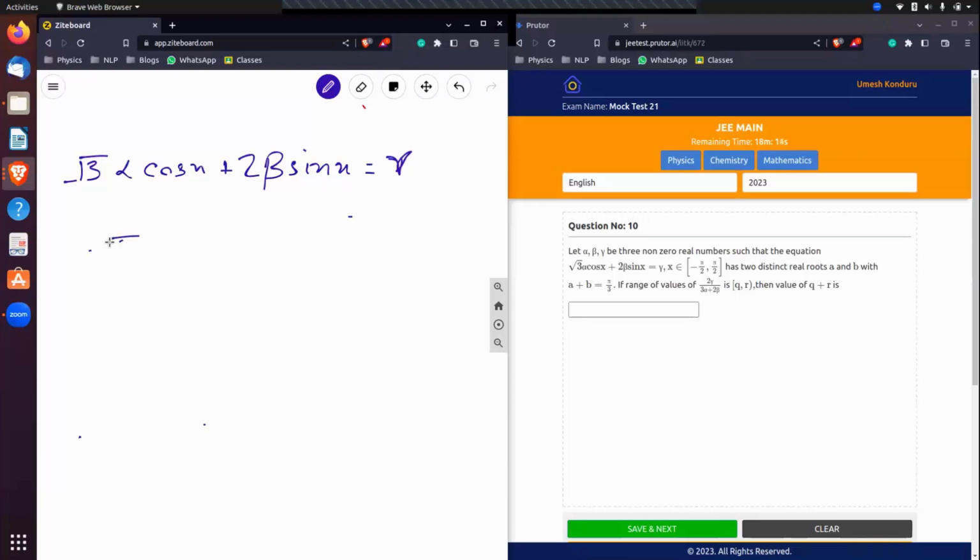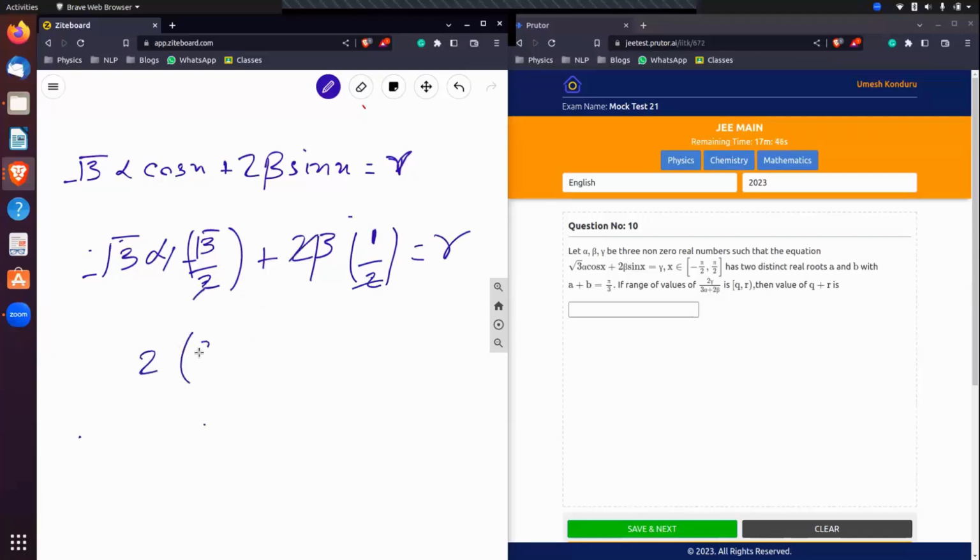So you can do root 3 alpha times cos pi by 6. That will be root 3 by 2, plus 2 beta times sine pi by 6. That will be 1 by 2. This is equal to gamma. So you have gamma equals 3 alpha plus beta.